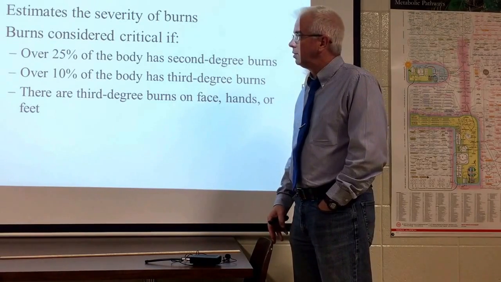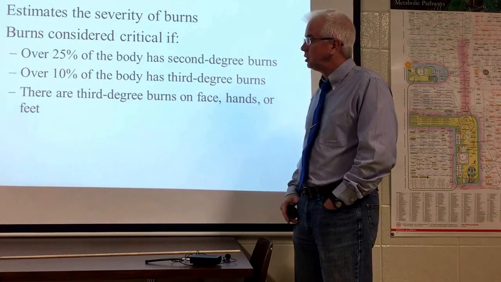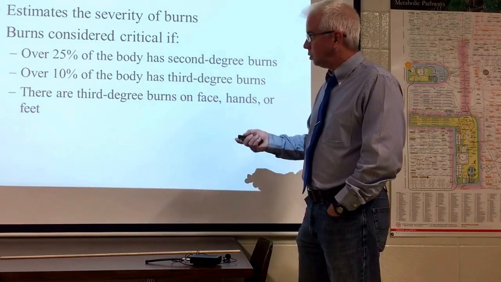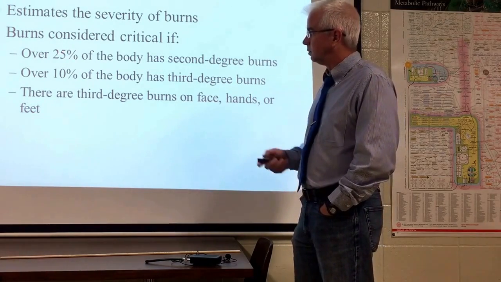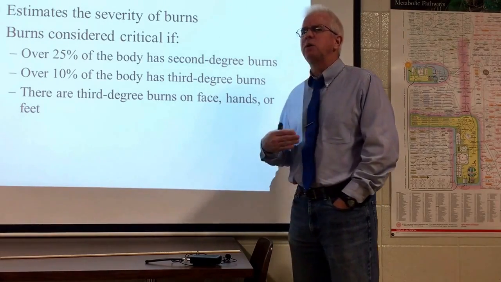We certainly know that the rates of hospitalization over spring break in various beach communities increases dramatically because of these people who don't know how to protect themselves from the sunshine. So that's not a big number, 25% of the body. How would we predict that?